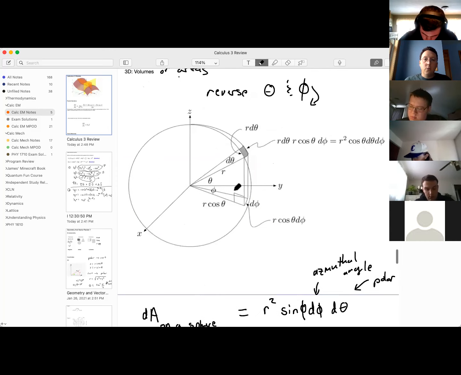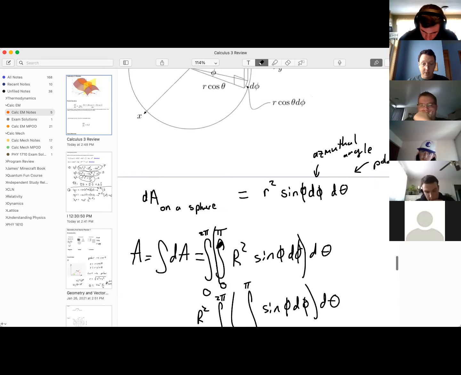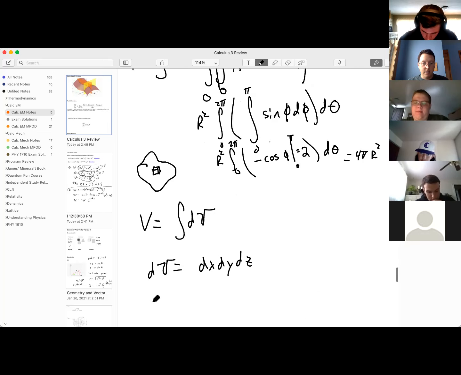If you're in spherical coordinates, it's not a cube anymore. It's kind of the analog of that in spherical coordinates, like a blob of jello that fans outwards. It diverges a little bit on the outside. And when you calculate the volume of that little blob of jello in spherical coordinates, it's equal to r squared sine phi dr d theta d phi.